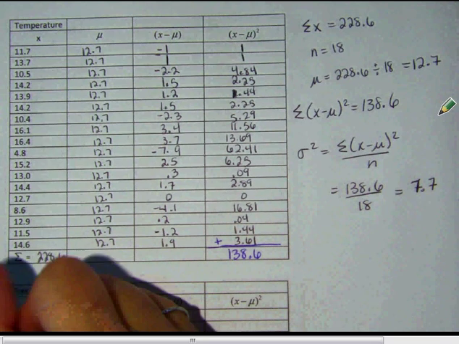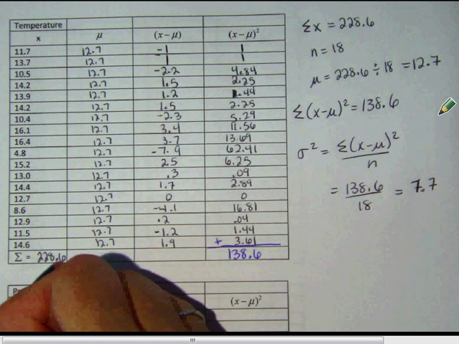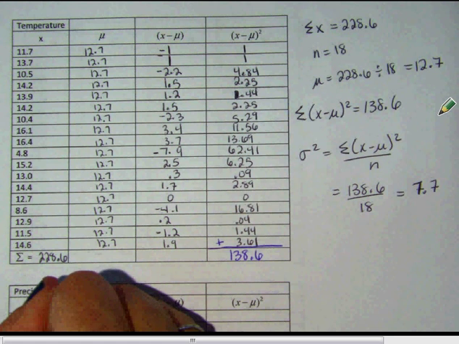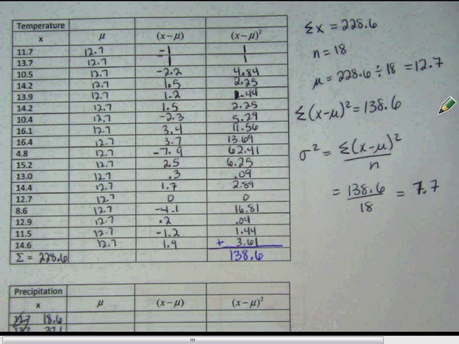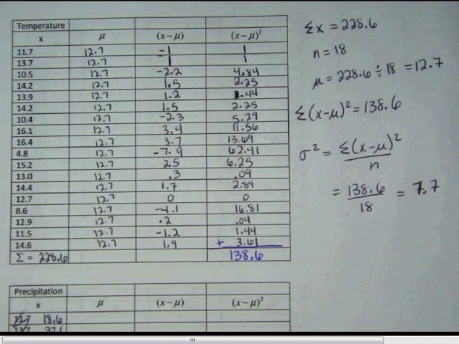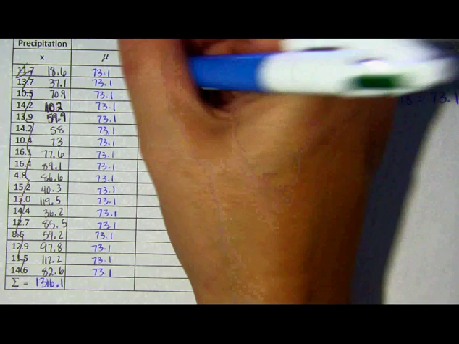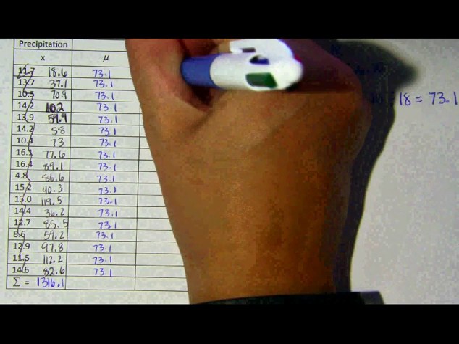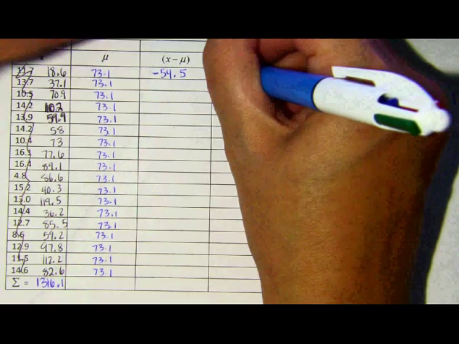Let me write down the correct numbers for the precipitation. Now I subtract 18.6 minus 73.1 and I get negative 54.5, and then I square that.